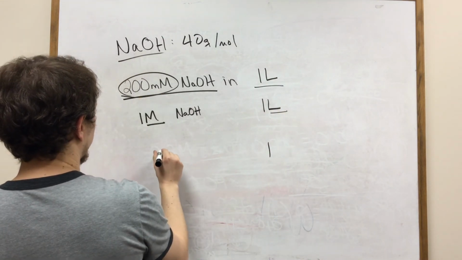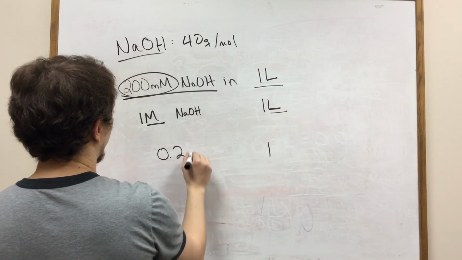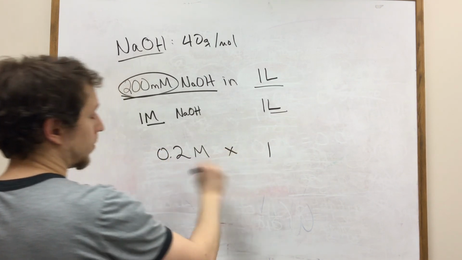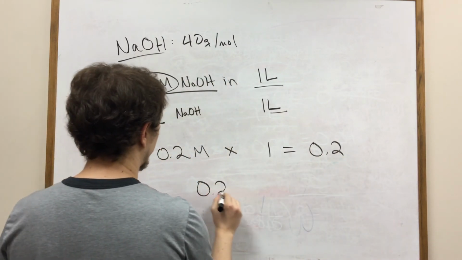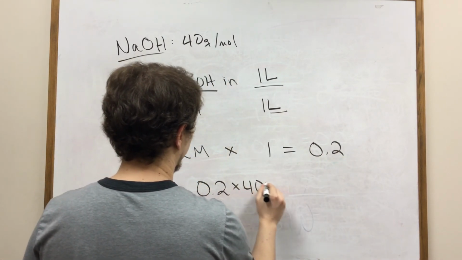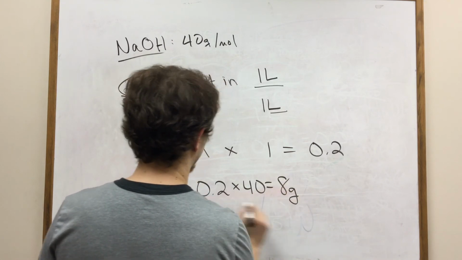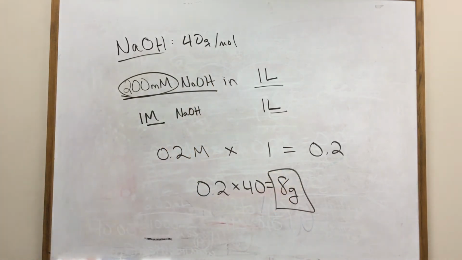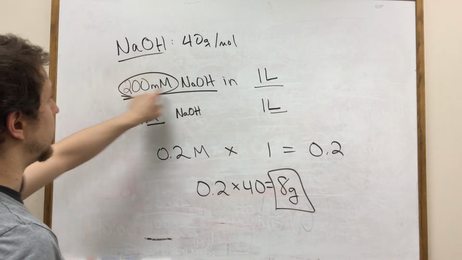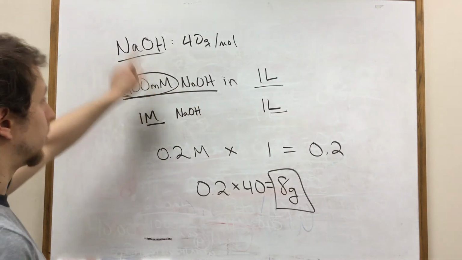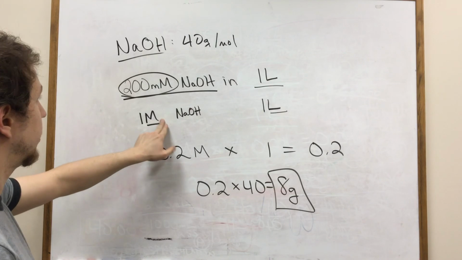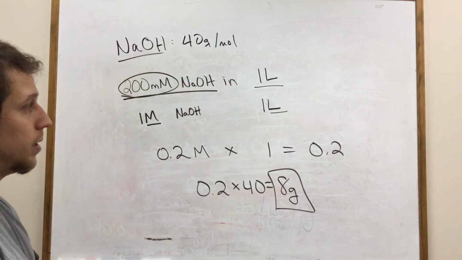This, however, is again 0.2 mole. So if I multiply those two, it gives me 0.2, and 0.2 times 40 is going to give me the 8 grams that I saw previously. So if you're comfortable enough with it, the other option you have here is to do these in the base units. That is, if they're in millimoles, then write them in molarity. If they're in milliliters, write them in liters.